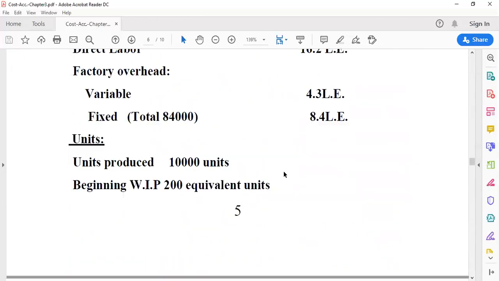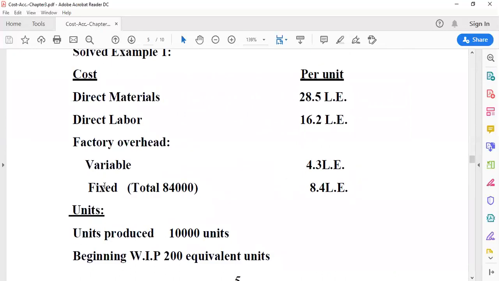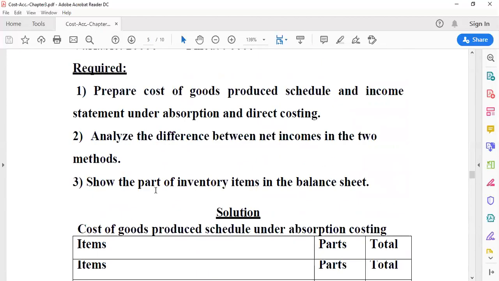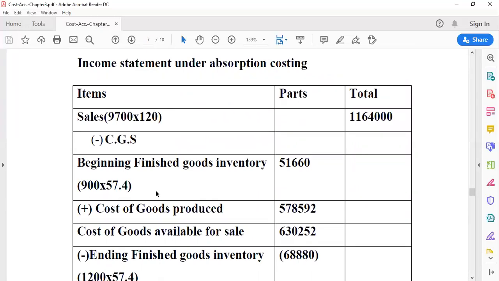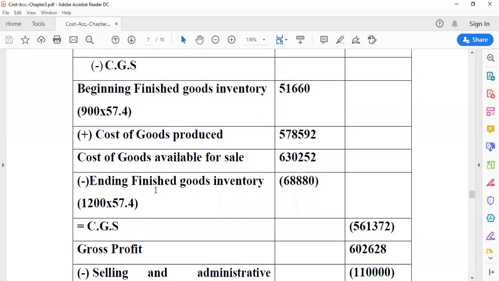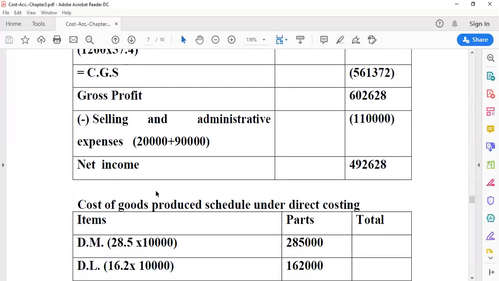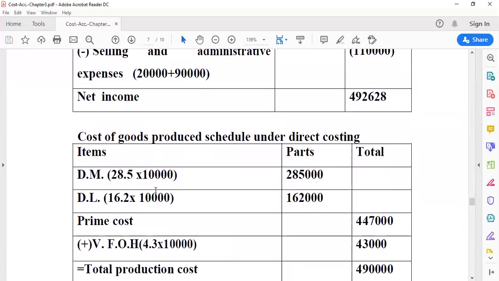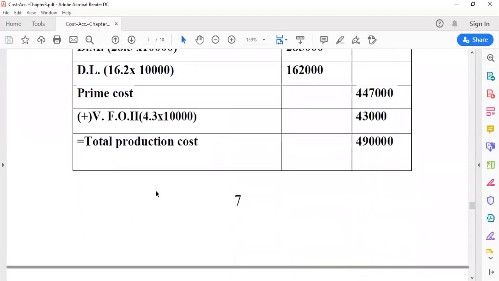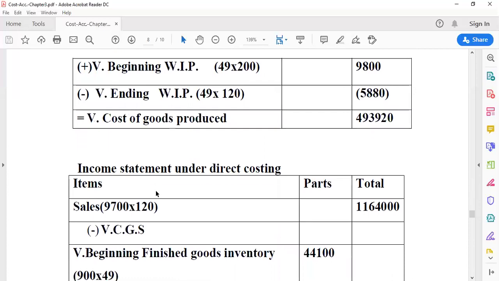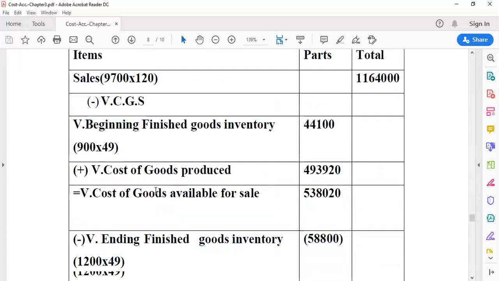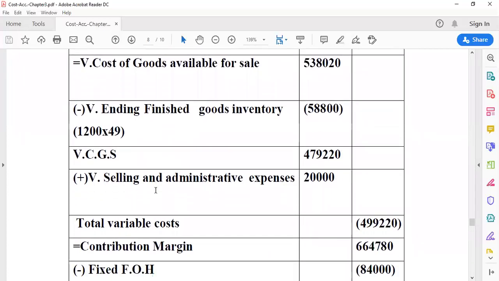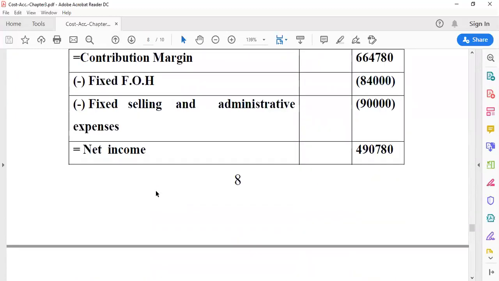And also do not forget the fixed amount of factory overhead, which is already given for you. Actually here, when we subtract the fixed amount of selling and administrative expenses and the fixed amount of factory overhead from our contribution margin, this will help us to get what we call our net income.